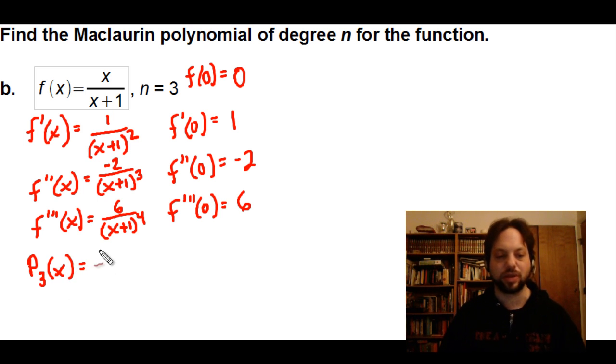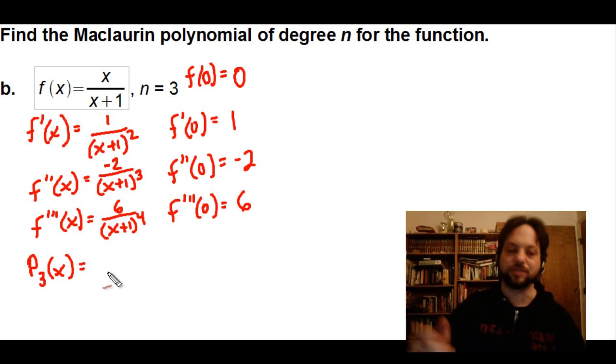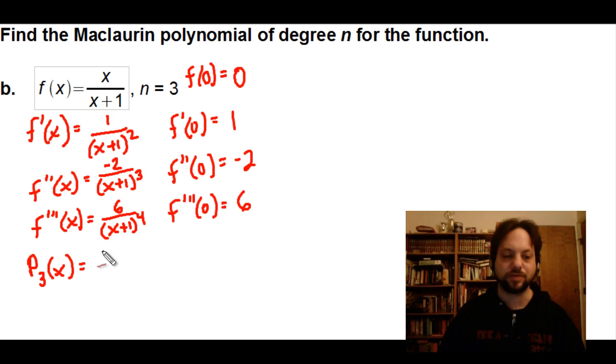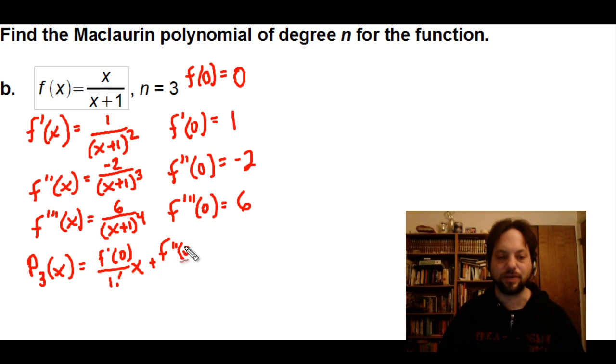So, with that, let's go ahead and form our third degree Maclaurin polynomial. Of course, I'm going to start with f of 0 over 0 factorial, but f of 0 is 0, so I'm actually going to skip that one. I will start with f prime of 0 over 1 factorial with an x there. I will add that to the second derivative at 0 over 2 factorial with x squared.